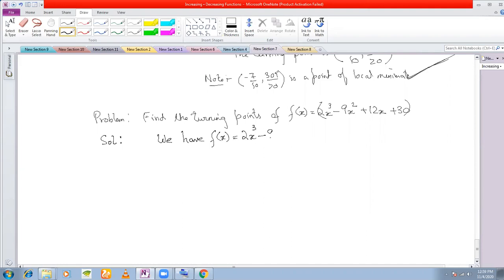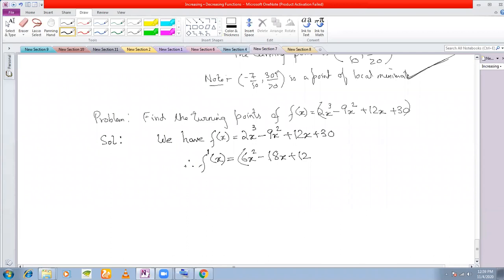What is the first step? Amit, tell me, what is the first step? What do you have to find? You have to differentiate this, f dash x. And what is f dash x? 6x square minus 18x plus 12.